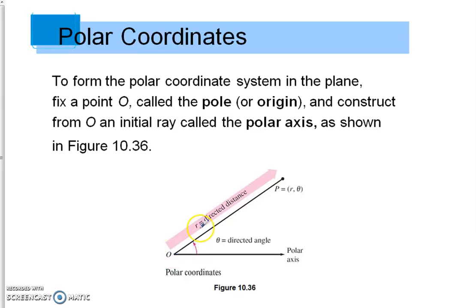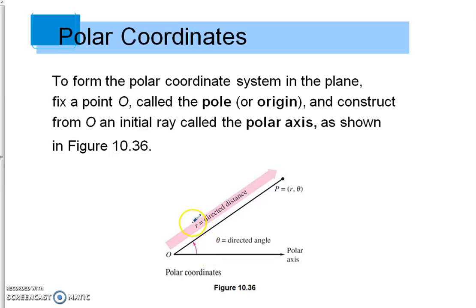This r that you see right here is called the directed distance, and so we have a point up here called (r, theta), because that distance has been rotated through this angle, theta, from the polar axis. You can see here, r is positive, theta is positive as well.